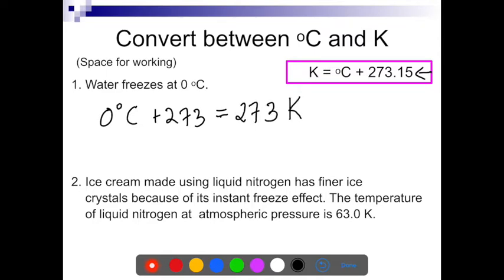In the second example, we want to convert 63 Kelvin to degrees Celsius. In this case, instead of adding 273, we subtract 273, and that will give us negative 210 degrees Celsius.